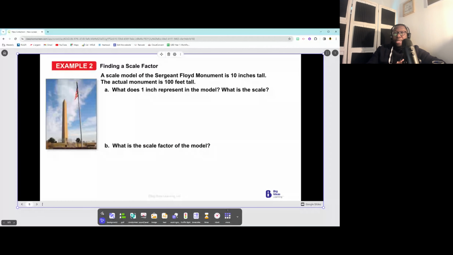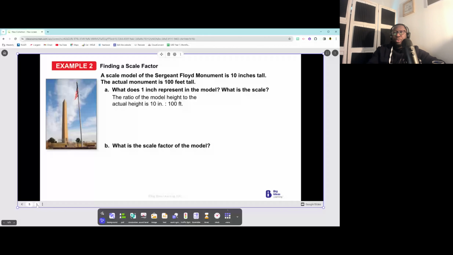Example number 2, finding a scale factor. We're told here that a scale model of the Sergeant Floyd Monument is 10 inches tall. The actual monument is 100 feet tall. What does 1 inch represent in the model, and what is the scale?